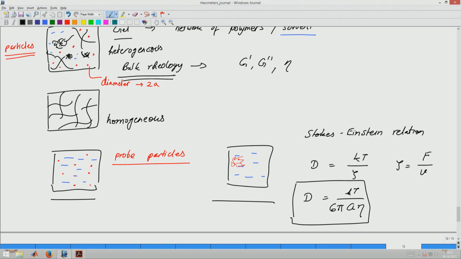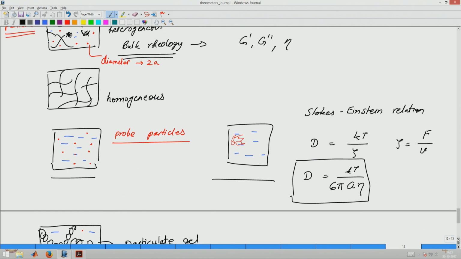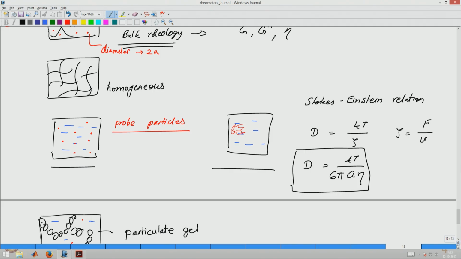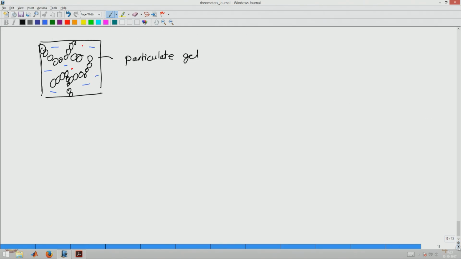If I start with an unknown viscosity fluid, I can do microrheology, I can look at the probe particle, find how fast it is diffusing, and based on that estimate the viscosity. So, this is the principle of microrheology. Now, in diffusive motion, how does the position of a particle change as a function of time?